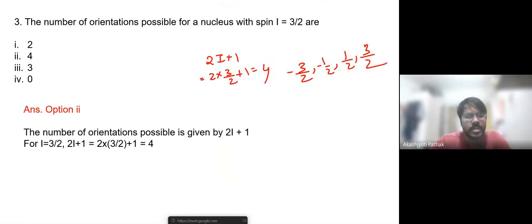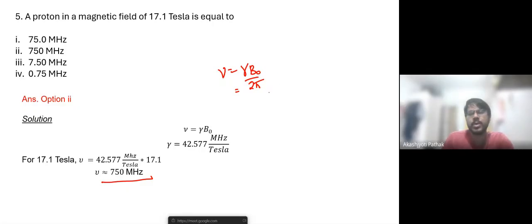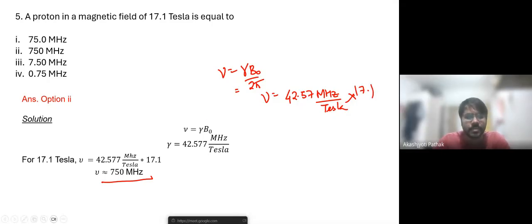So I hope this question is clear. You remember that nu is equal to 42.57 megahertz per Tesla. Whatever Tesla you have, you multiply it by this factor and you will get the frequency. So that will be 750 megahertz.